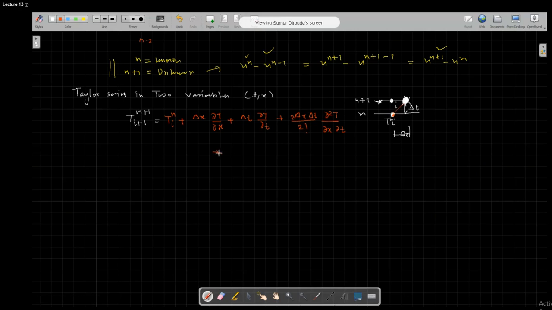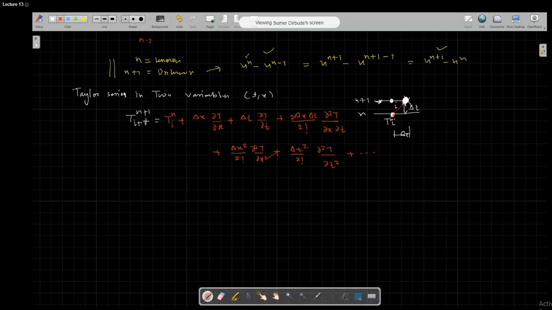Plus now the second order term is delta x square, the curvature term, delta x square by 2 factorial, del 2T by del x2, plus delta t square by 2 factorial, del 2T by del t2. And likewise, you can add many other terms. You got this? How are we doing?